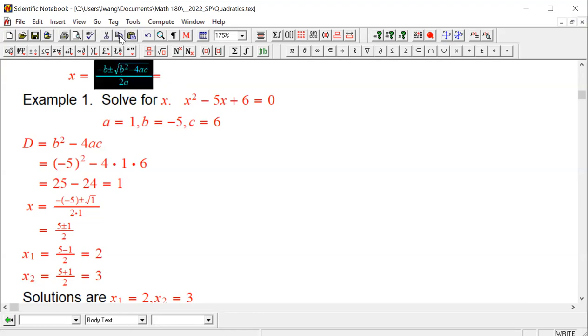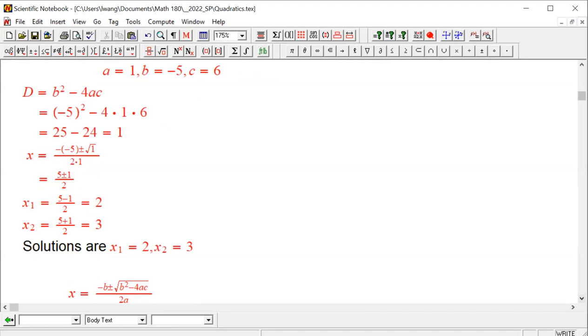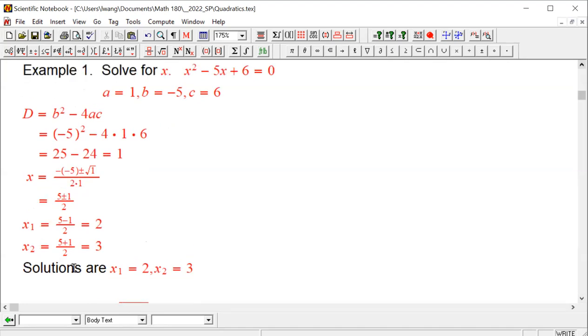This formula, I put a discriminant right here, and I'm going to tell the reader what the discriminant is. That's my favorite way of doing it, and you don't have to, but let me tell you the advantage.